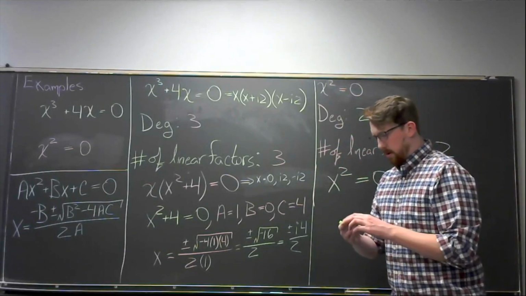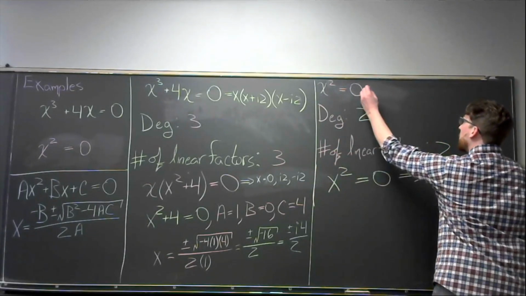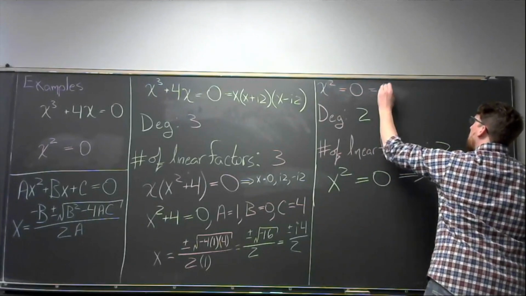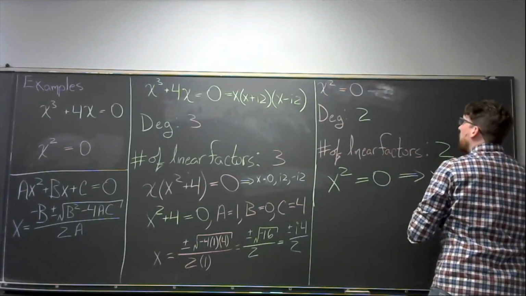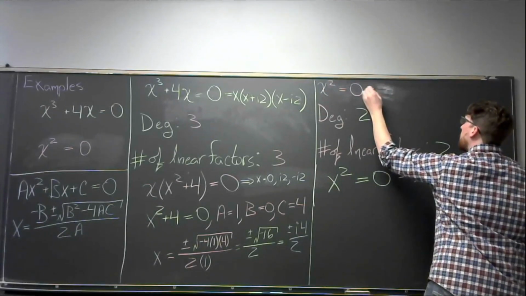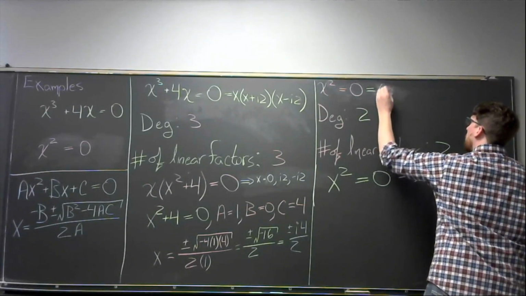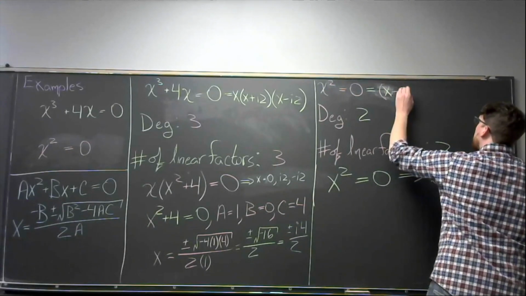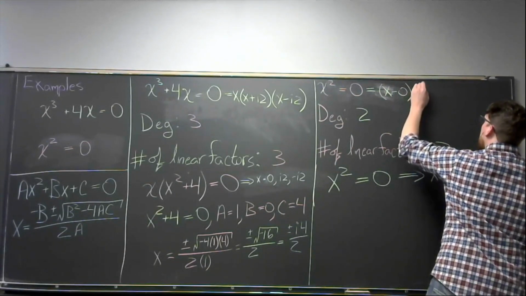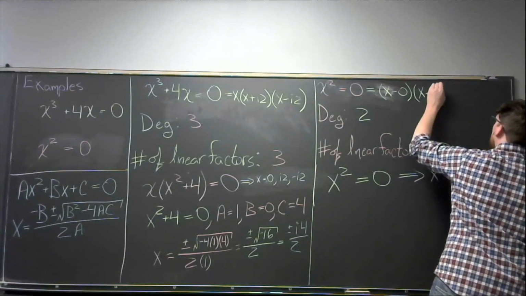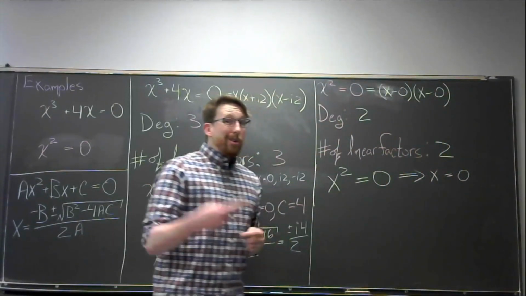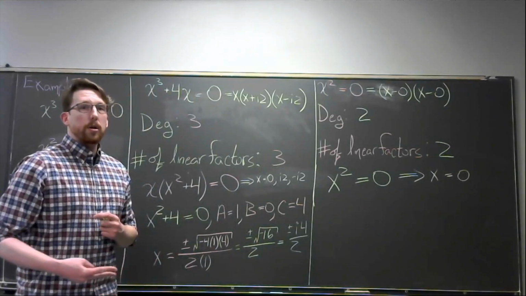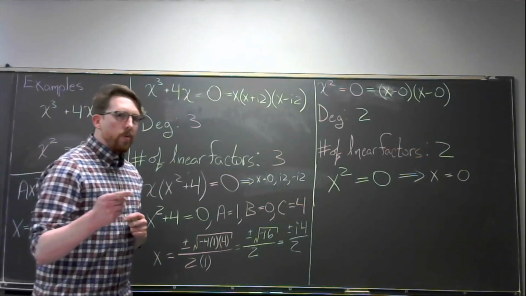No, not at all. But it is equal to, let me write this in a different color, x minus 0 times x minus 0. So we can still break this down into 2 different factors, but they're not unique.